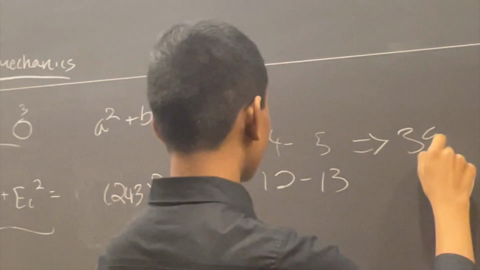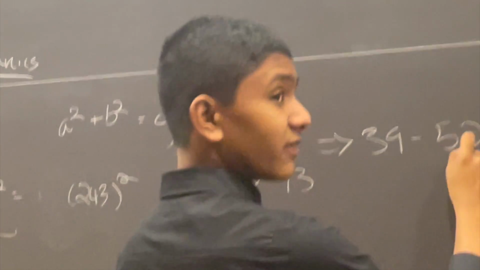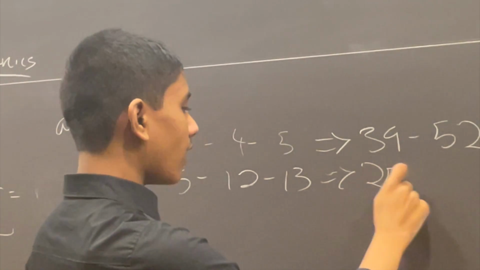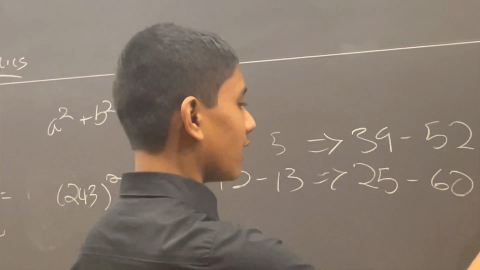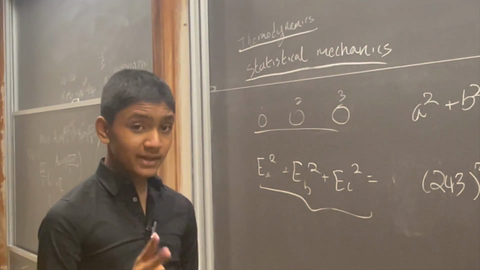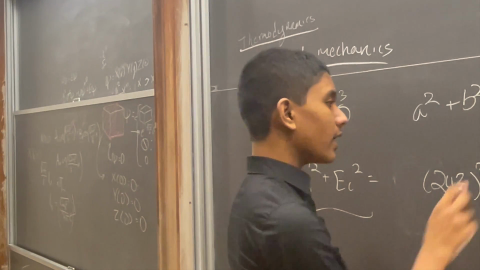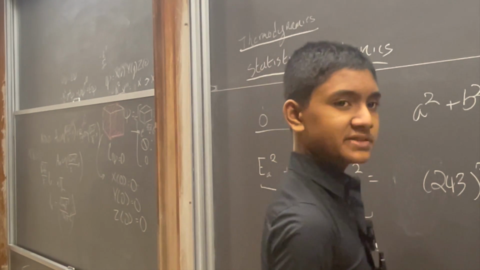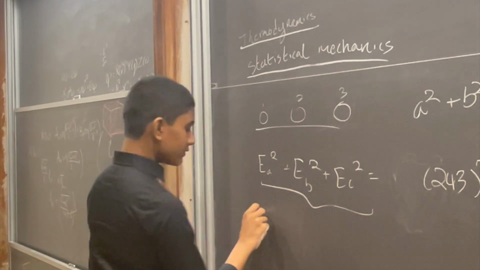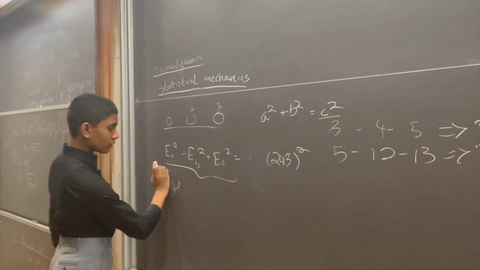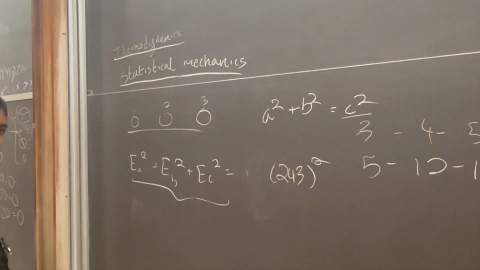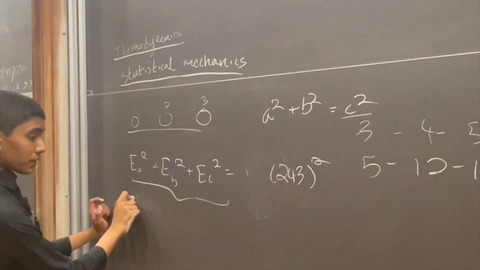Suddenly, you now have 39, 52, 65, 1 Pythagorean triple, and 25, 60, 65. Boom, another Pythagorean triple. You have 2 possible configurations that could satisfy the total energy of 65 squared. So, if there are 2 possible configurations, and not just 2, think about it this way. I mean, addition is commutative, so in total it could be 4.